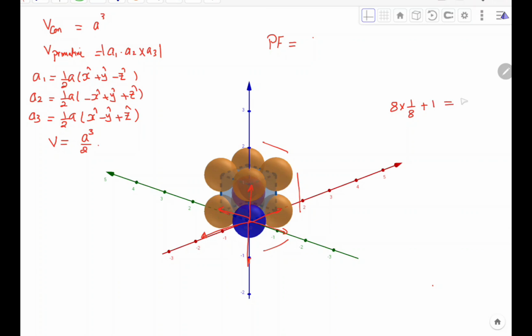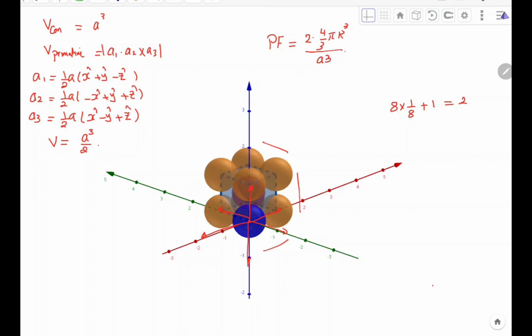So the number of atoms used to build this cell is equal to 2. So the packing fraction is equal to 2 times the volume of the atom or the sphere, 4/3 pi r cube, divided by a cube.